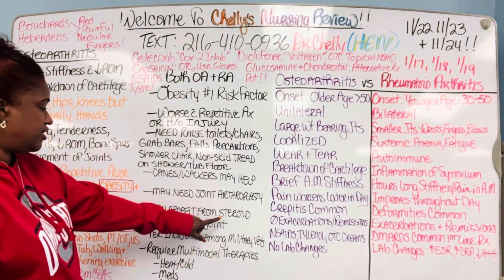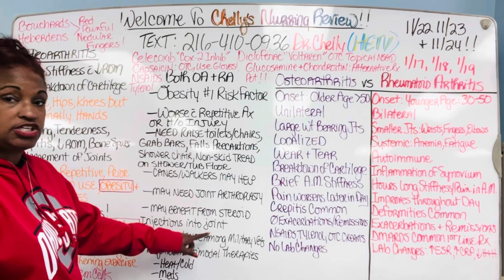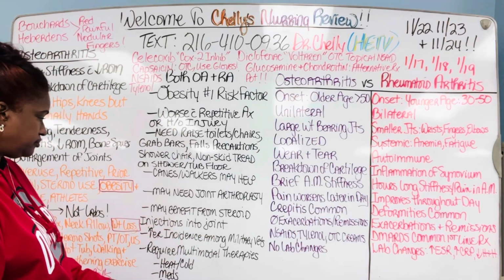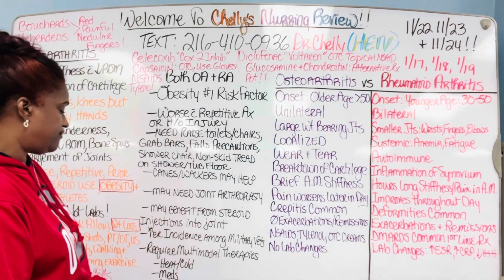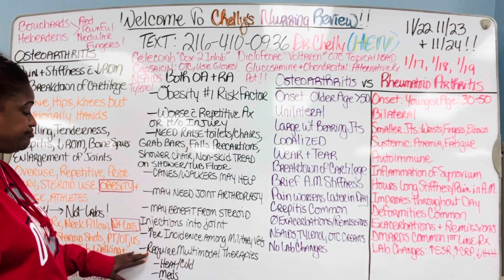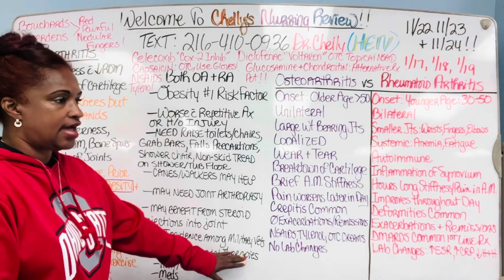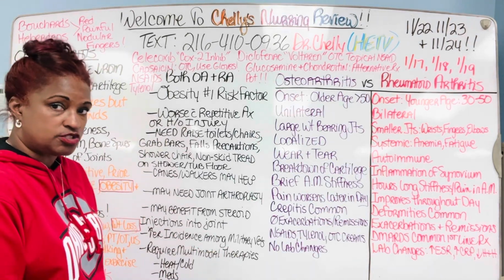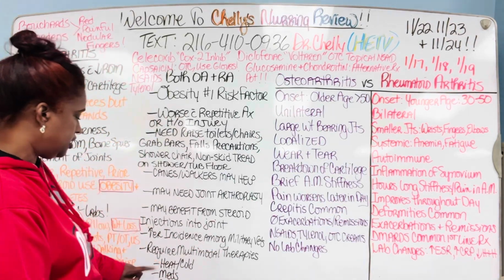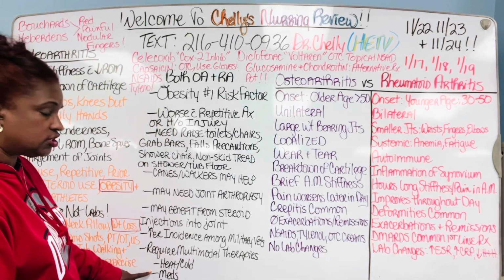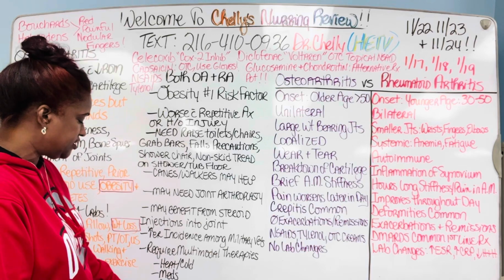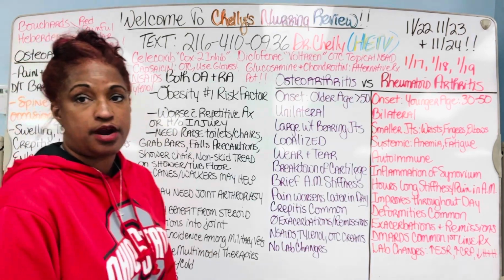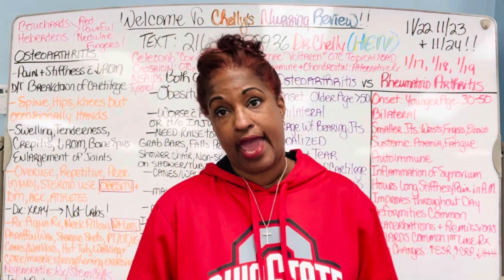Both may benefit from steroid injections into the joint. There is a higher incidence of both among military veterans, and both require multimodal therapies. Here's what I mean. Heat and cold, medications, pharmaceuticals, adaptive devices, physical therapy, occupational therapy, or even rehab.